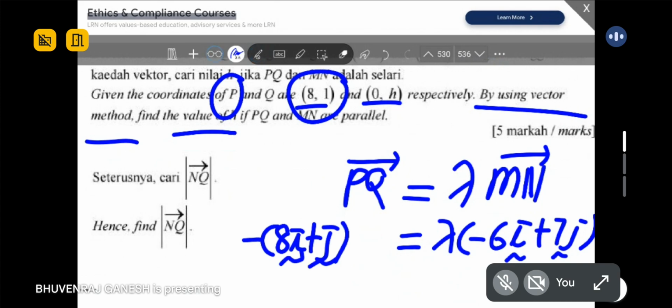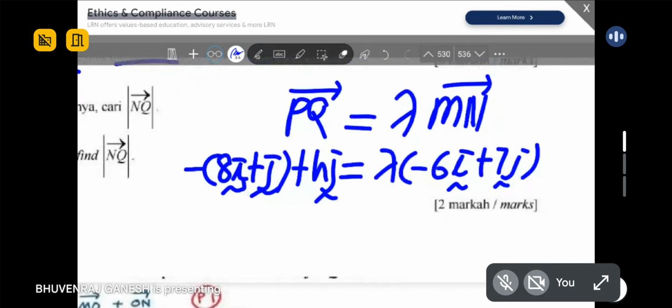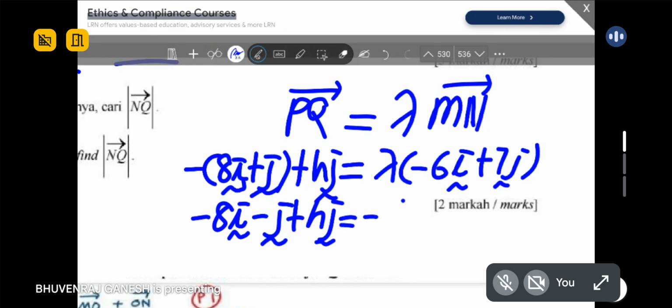Do you see the concept? And then you plus the OQ. OQ is just hj because it's 0, so you have no i, only j component. Okay? Dapat all of you? So you just expand: negative 8i minus j plus hj equals negative 6 lambda i plus 7 lambda j.